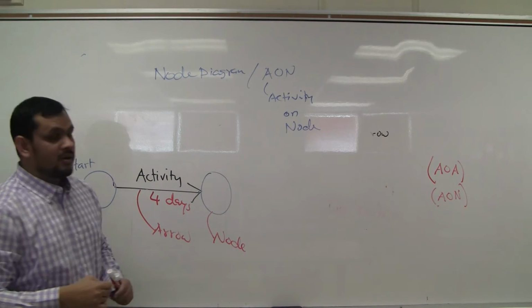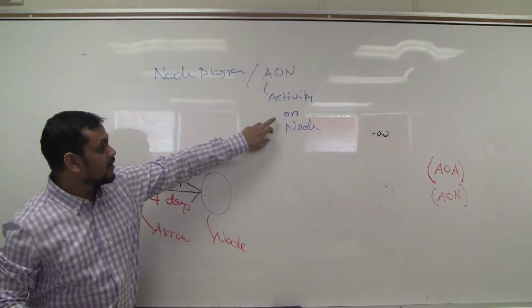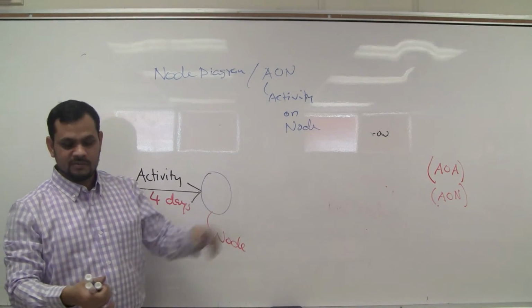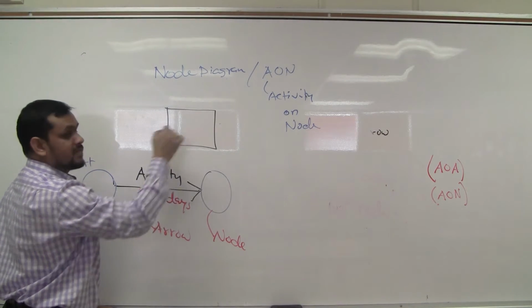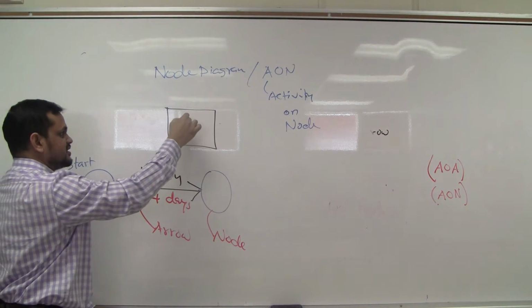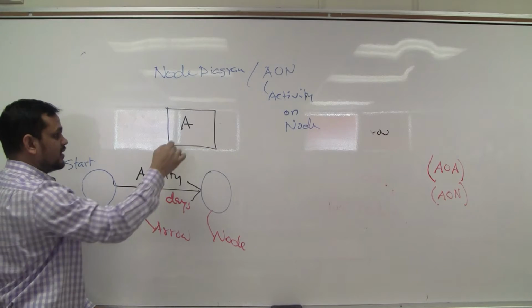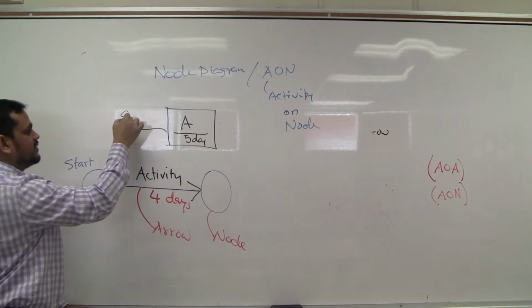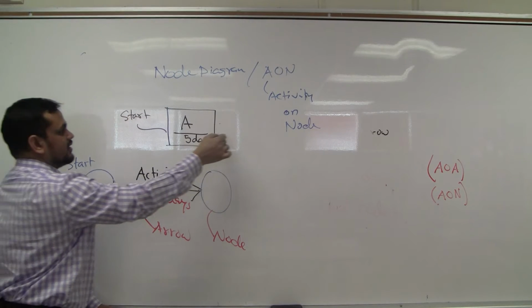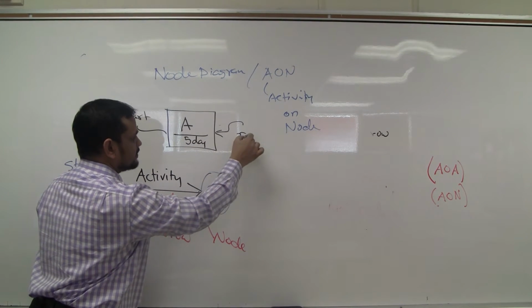It means what? Activity on node. The node will tell me it is an activity. That means I'll write this. This is my activity. Say it is activity A. Duration say 5 days. This side will tell me start. That side tells me finish.